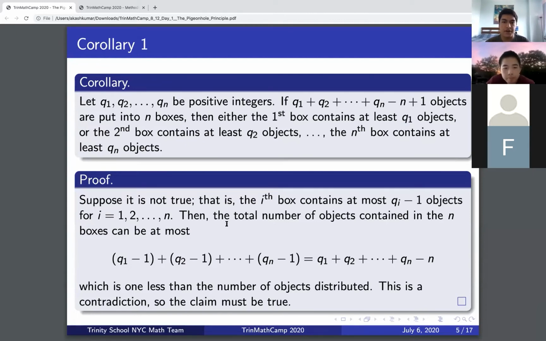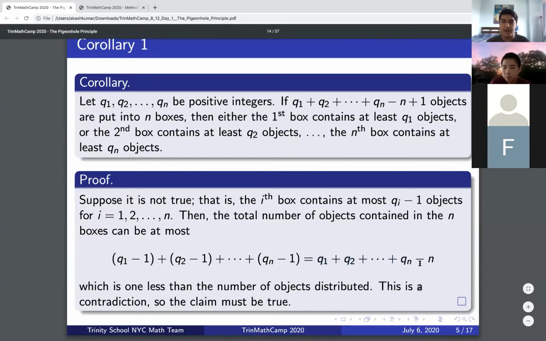Now that you've put this restraint on your holes, or boxes in this case, you want to find the maximum number of objects, or in other words pigeons, you can have. The maximum number for each box, as we said, is q sub i minus 1. So we plug that in and get q1 minus 1, q2 minus 1, all the way up to qn minus 1. We just add them up, and what you get is the sum of the q's minus n.